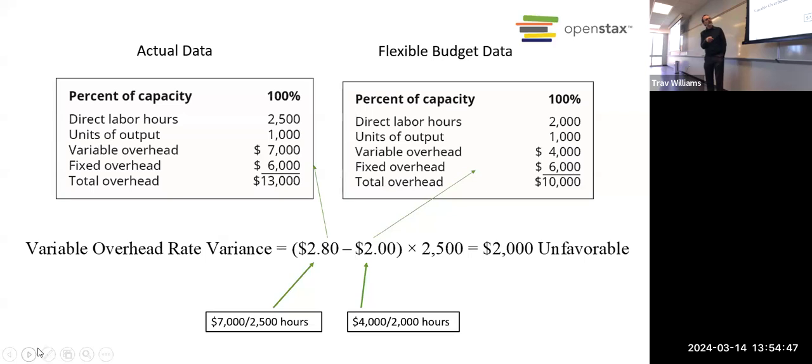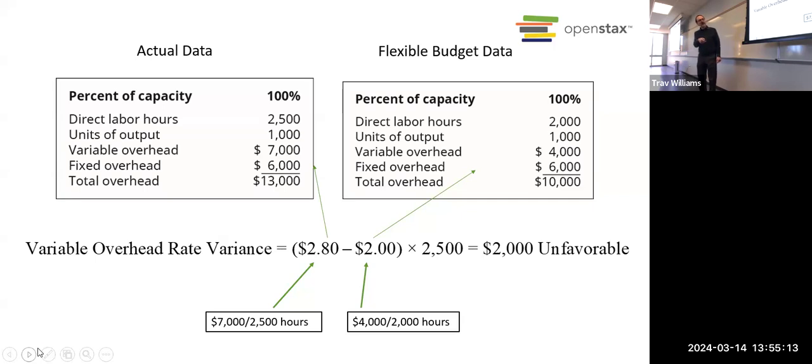So when we look at the actual data, we take the $7,000 of variable overhead, 2,500 labor hours, and we see that actually the rate that they're paying for their variable overhead is $2.80. That's a difference of 80 cents compared to the standard, right? And because it's more than the standard, it's unfavorable.